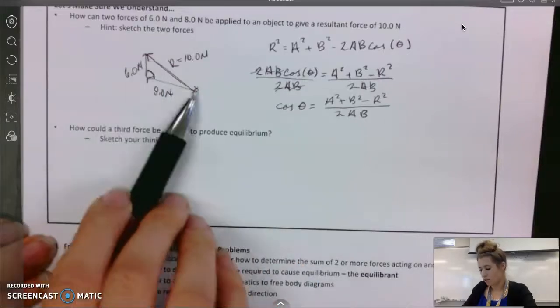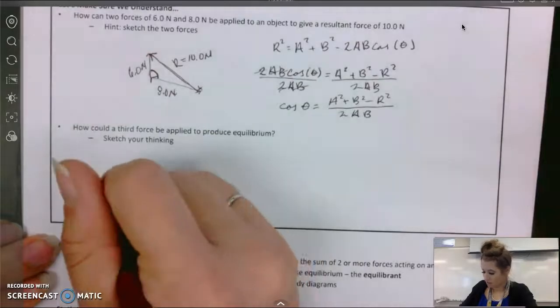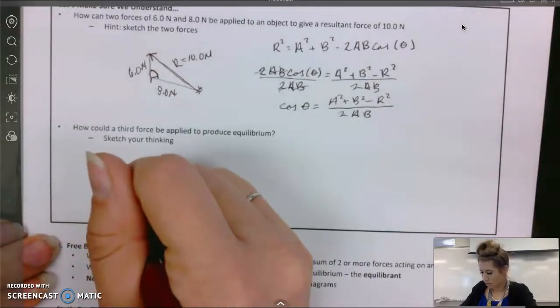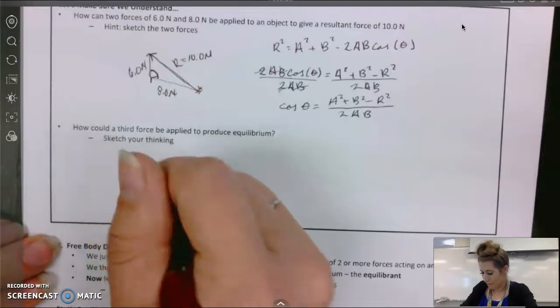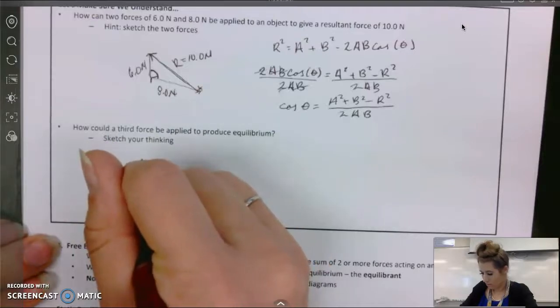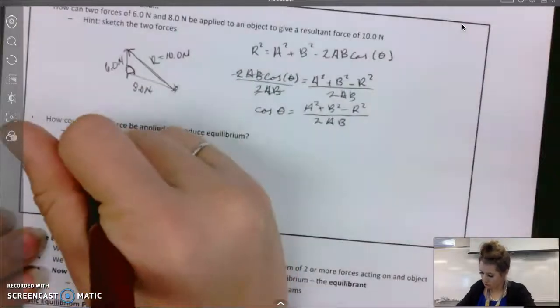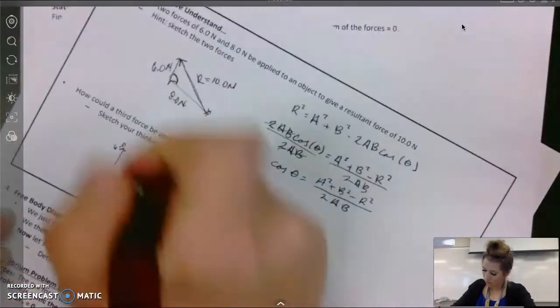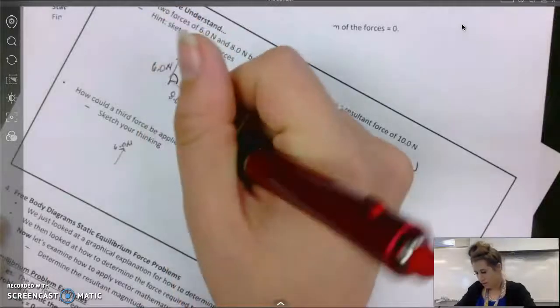So if this is our resultant, right? So we have 6 newtons and 8 newtons. So this was 6 newtons, and we had 8.